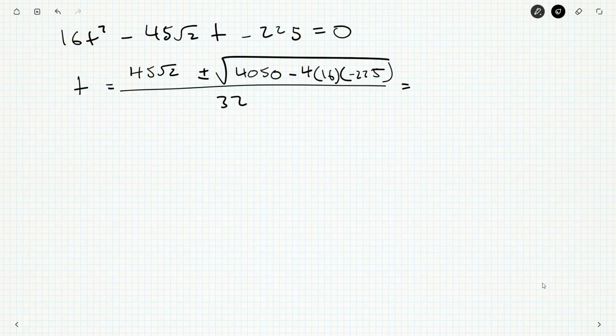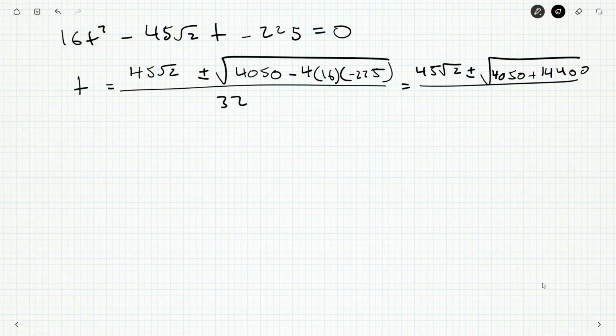Alright, so there's a lot to unpack under the square root sign in the discriminant. 4050, and now it'll be plus 4 times 16 is 64, times 225 is 14,400. I'm hoping these numbers play nice with each other.